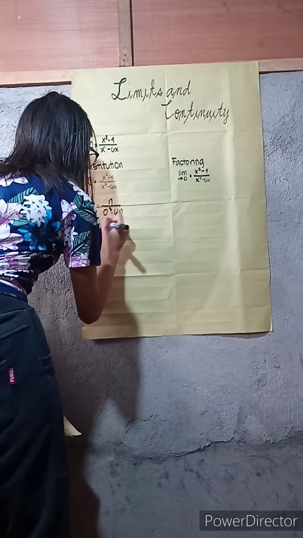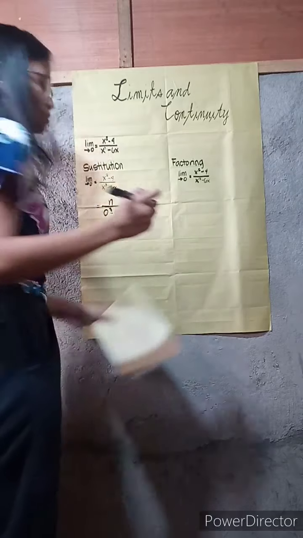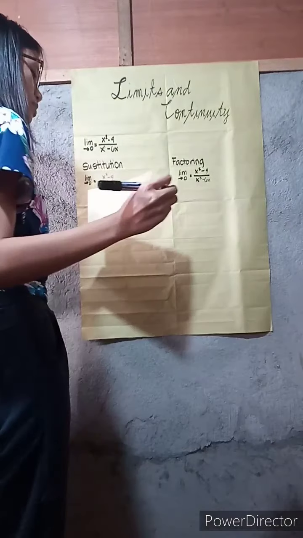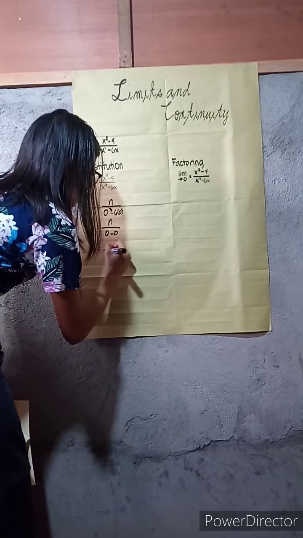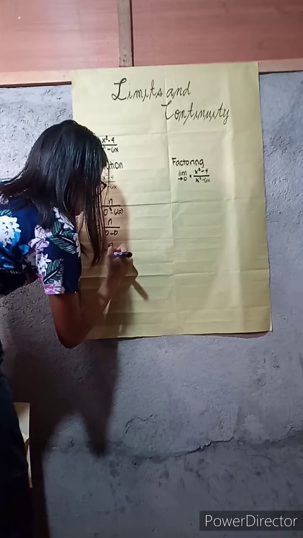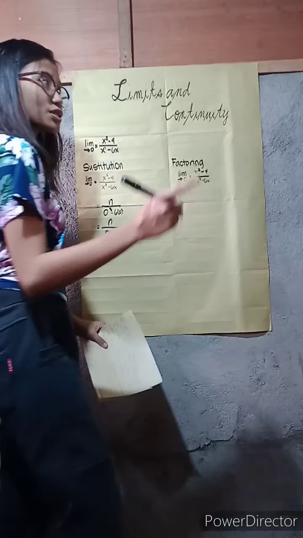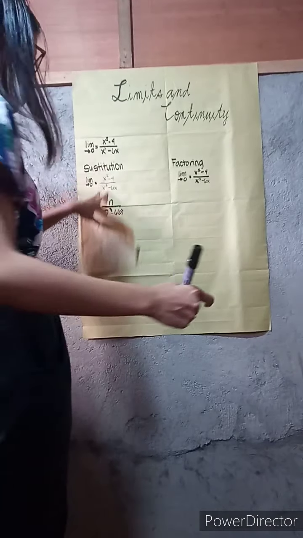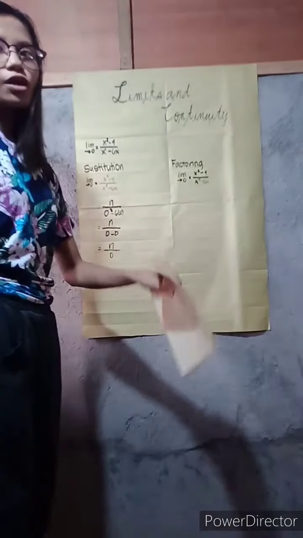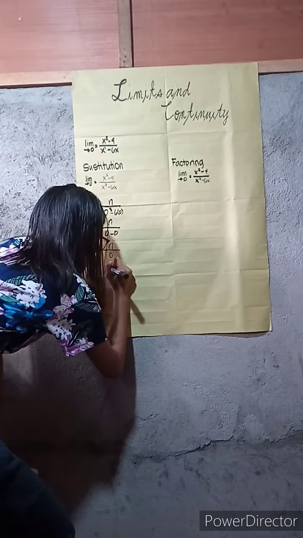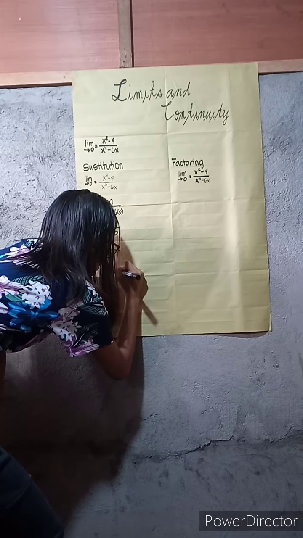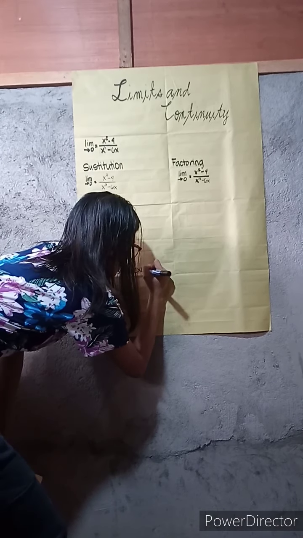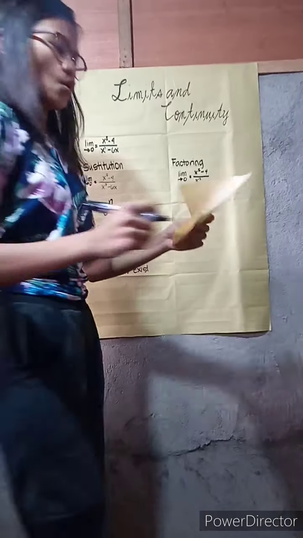So the numerator, 0 minus 0 equals 0. So, since our denominator is 0 when we use the substitution method, our limit doesn't exist, or it is indeterminate.